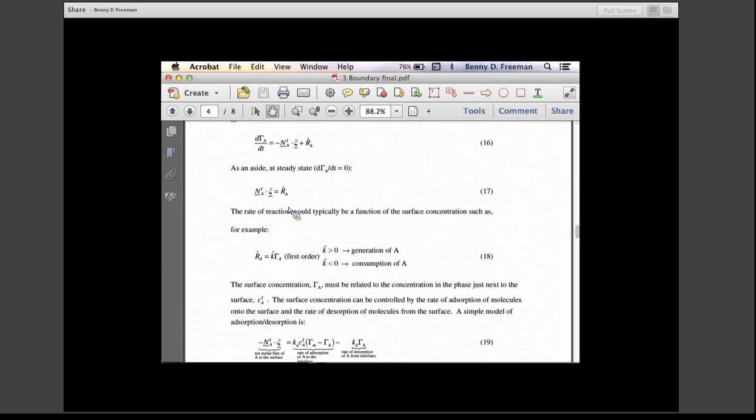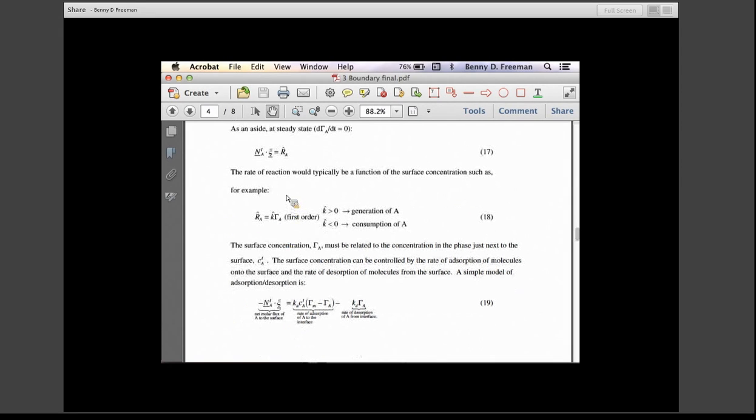If we consider a situation where the reaction of A would depend upon the concentration of A at a phase interface, let's make it a simple dependence. That is, we'll let the net rate of production of A depend upon the surface concentration of A to first order, to the first power.